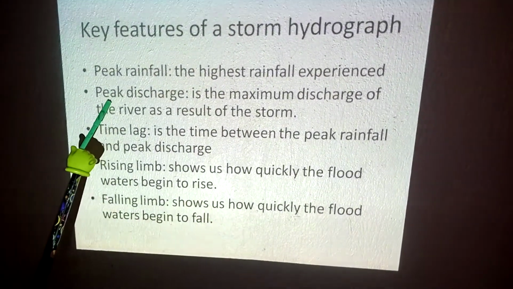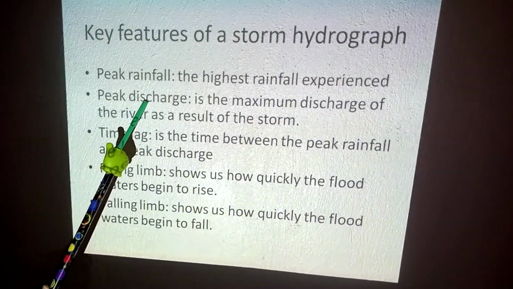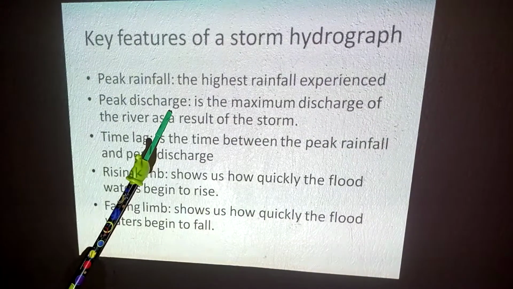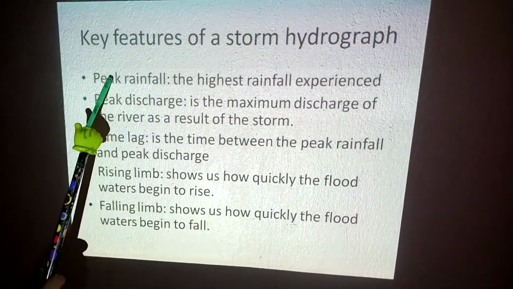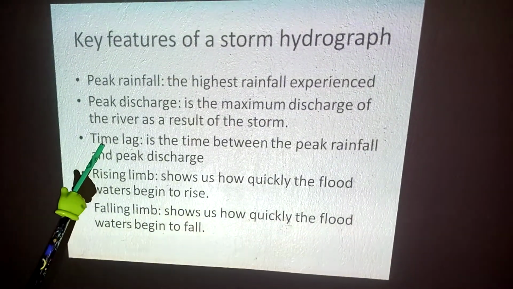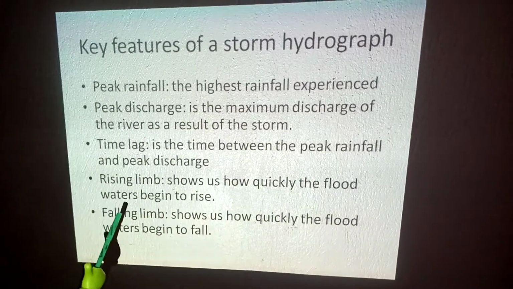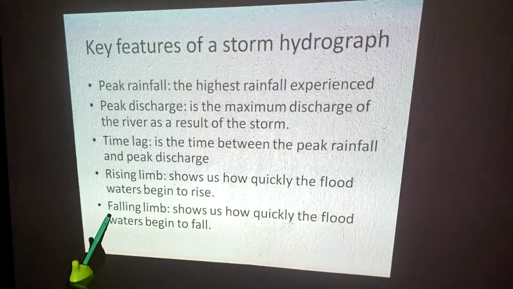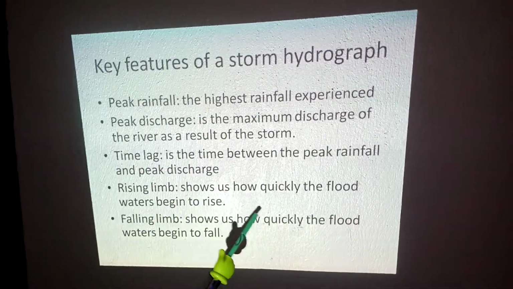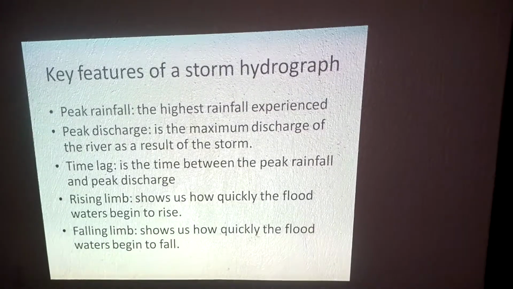Remember, for the peak discharge to happen, there is need for rainwater to have flown into the river channel. So this happens after this. The difference between the times here is what you call time lag. Then the rising limb shows how quickly the discharge is rising, and the falling limb shows after precipitation how quickly the discharge is declining in a river channel.